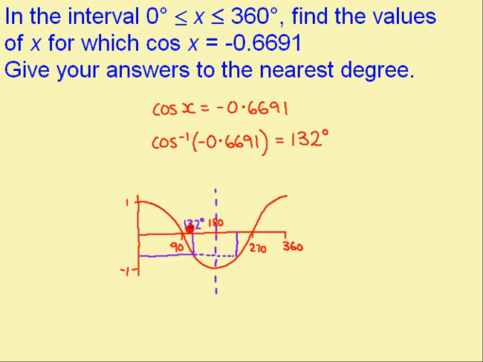So from here to 132 is a gap of 132. So to get this value, I can subtract 132 from 360, and I get 228 degrees. So my other answer is 228 degrees. So the answers you should have got are 132 degrees and 228 degrees.